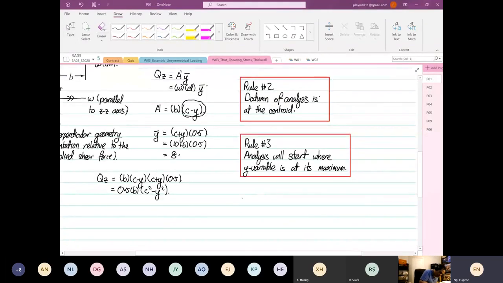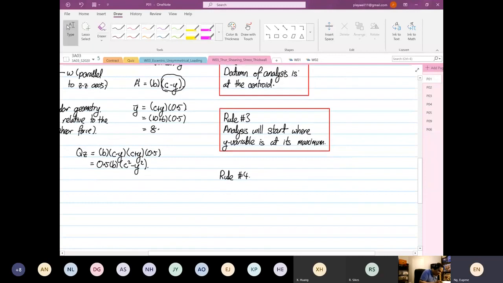Rule number 4: the first moment of area cannot cross over or intersect the centroid. Okay, so there's a four.